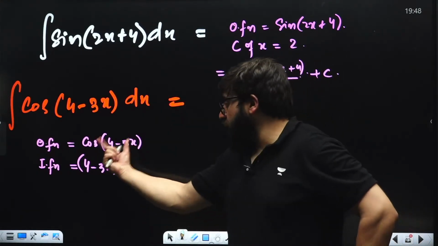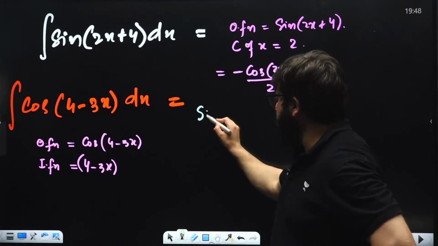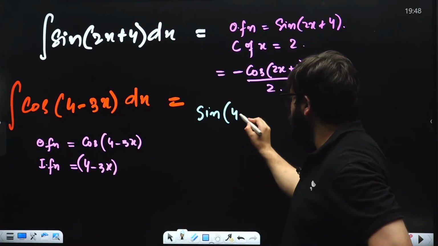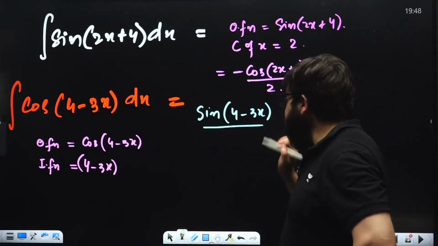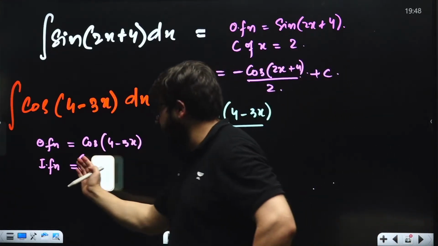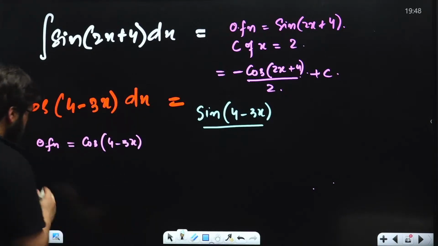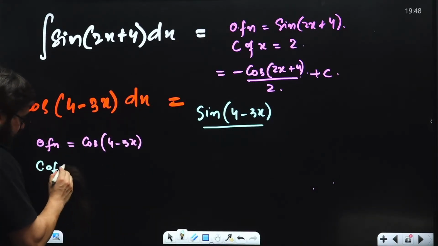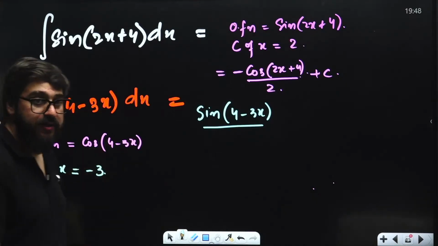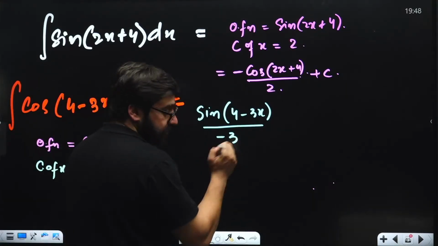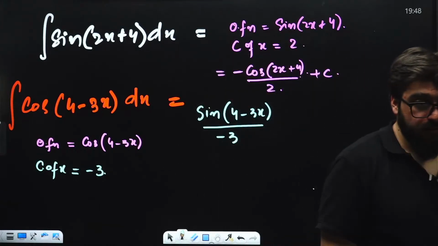That is integration of the outer function, cos. So it will be sine of 4 minus 3x. And what is the coefficient of x? Sorry, inner function we don't have to talk about over here. We have to talk about coefficient of x. Coefficient of x over here is minus 3. So that will be divided by minus 3.